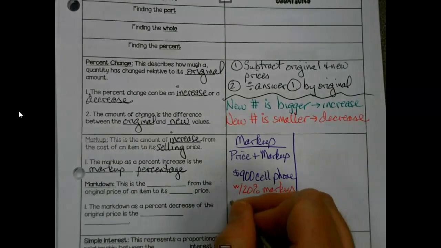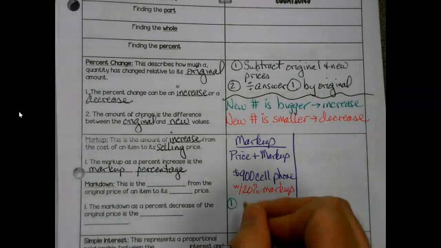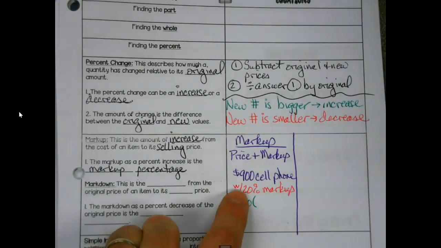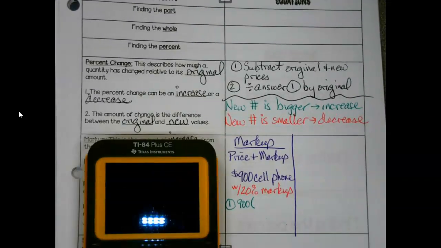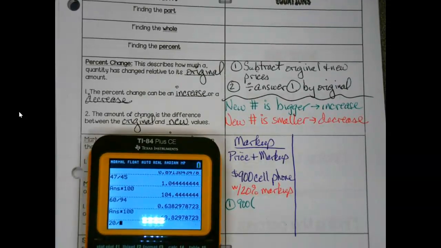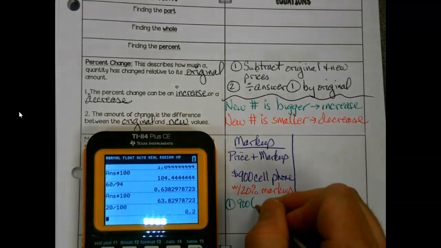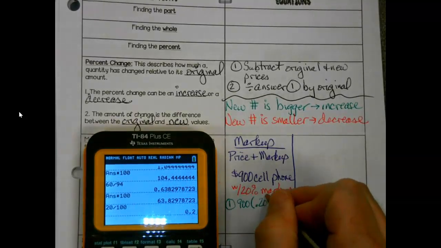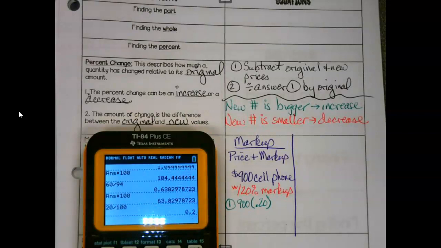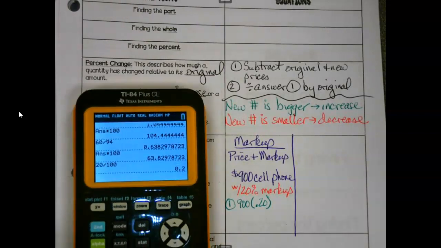And basically what you're going to do is you're going to take the price times the percentage as a decimal. So remember, if we're doing that, we're dividing the percentage by 100. So we'd multiply by 0.2 or 0.20.